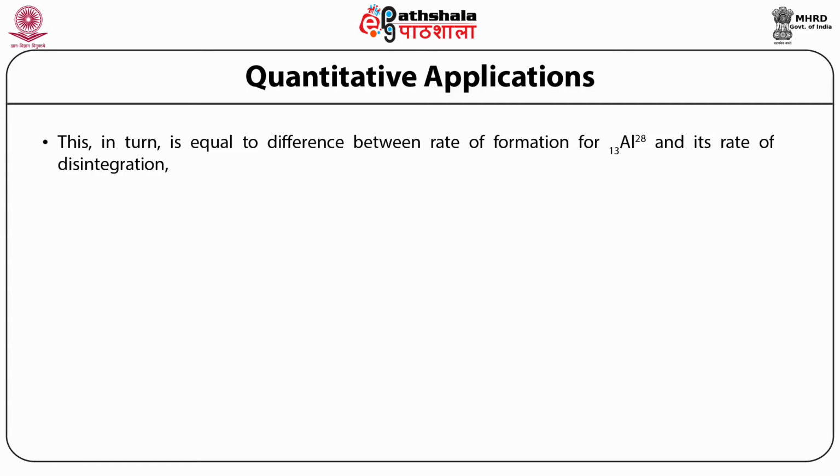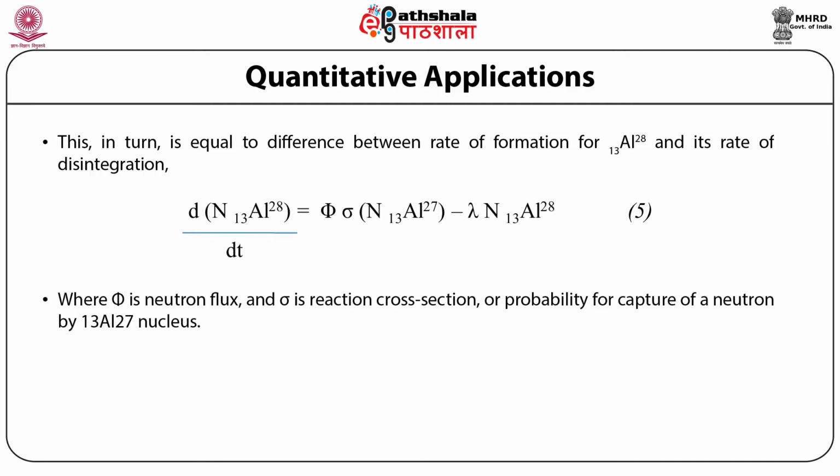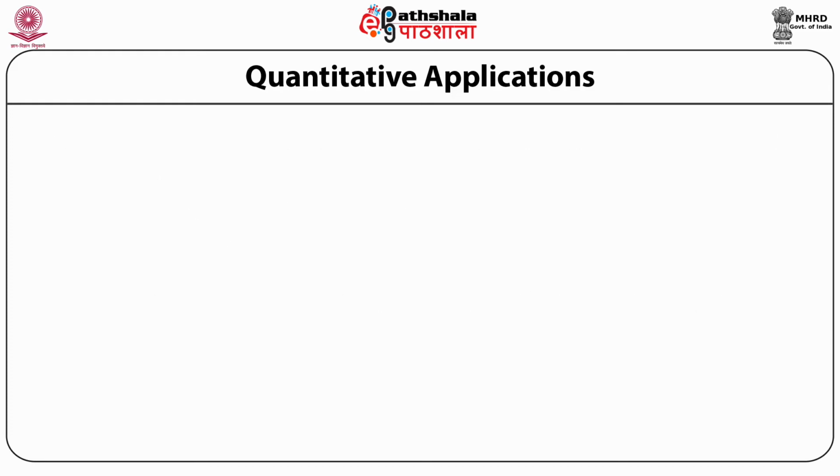of disintegration, as shown in equation 5, where theta is the neutron flux and alpha is the reaction cross section, or probability, for the capture of a neutron by the aluminum-27 nucleus.